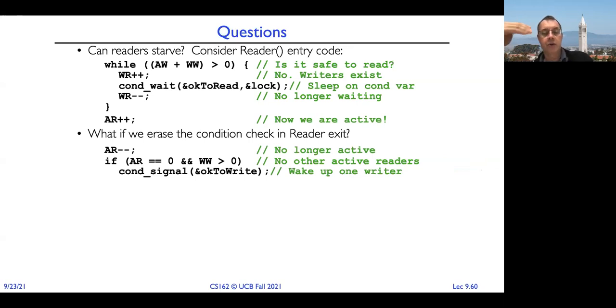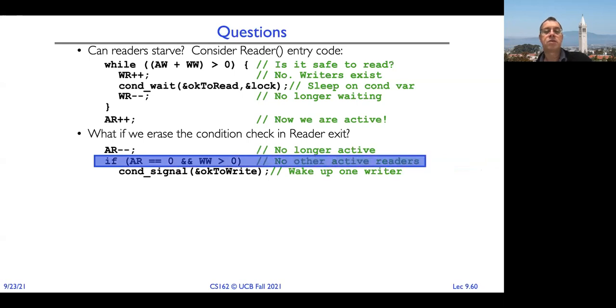What if we erase a condition check in reader exit? This one. So basically we say whenever a reader finishes, say it's okay to write. What will happen?